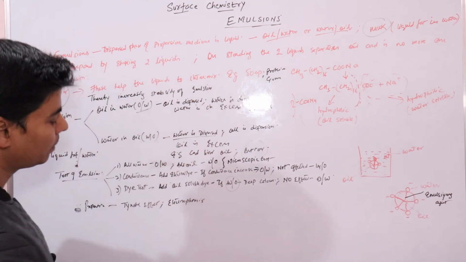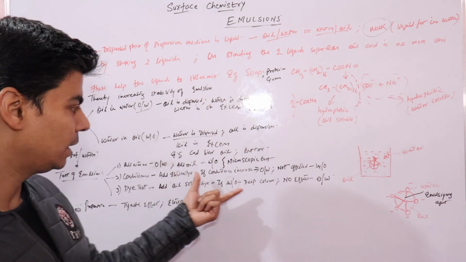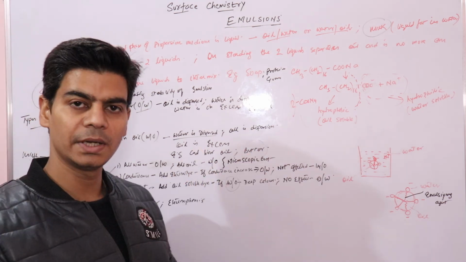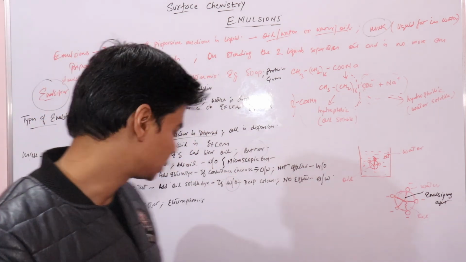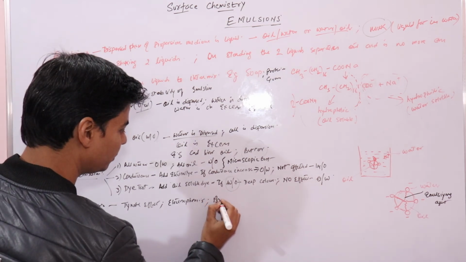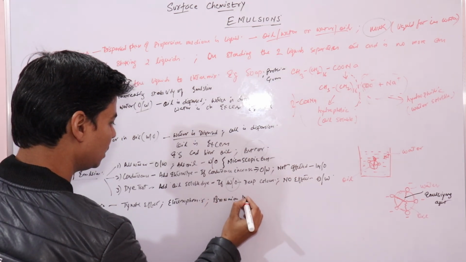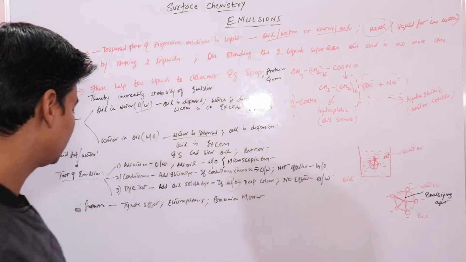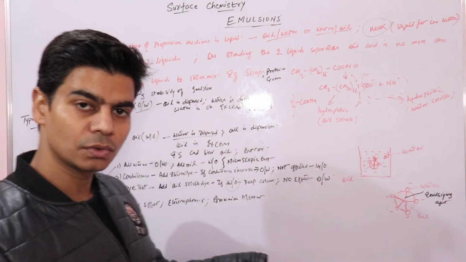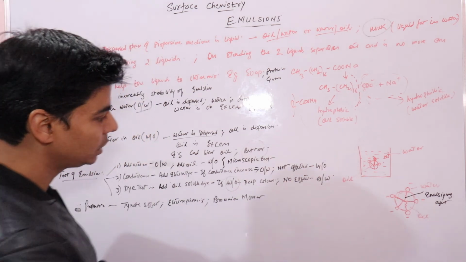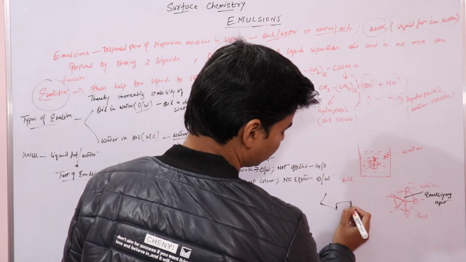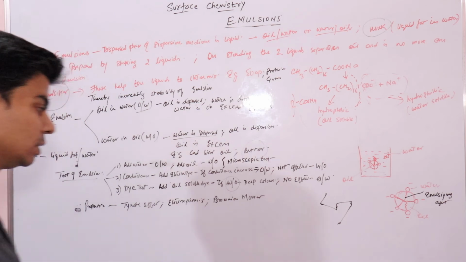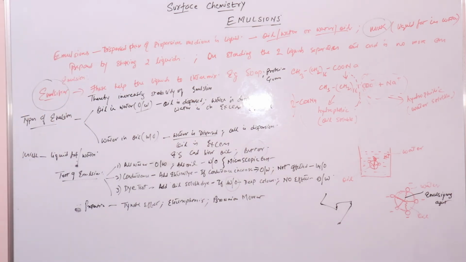Electrophoresis is if you apply electric current, using positive and negative electrodes, the dispersed phase particles will move towards either of the electrodes. It will show Brownian movement as well. If you look under a microscope, you will see that the colloidal particles are moving in zigzag fashion, which was discovered by Robert Brown. So it shows the properties of colloidal solutions.